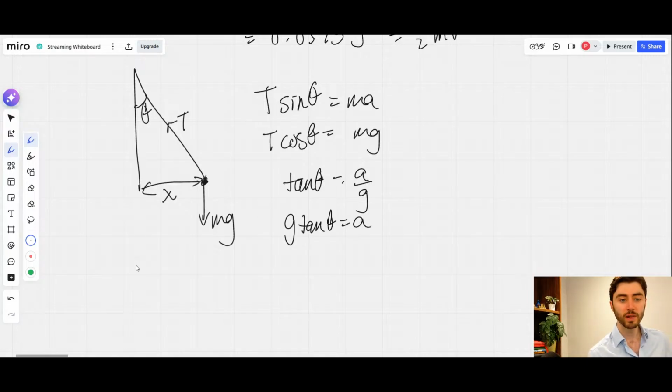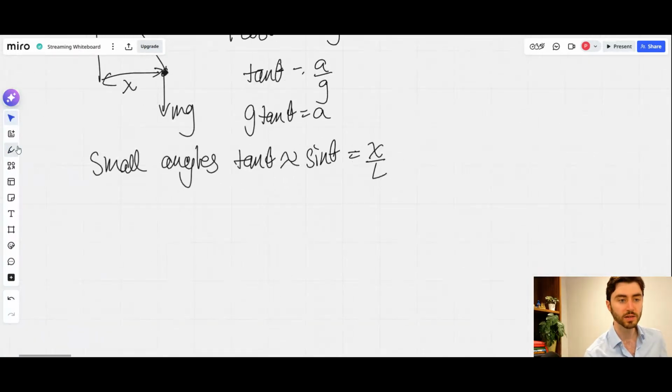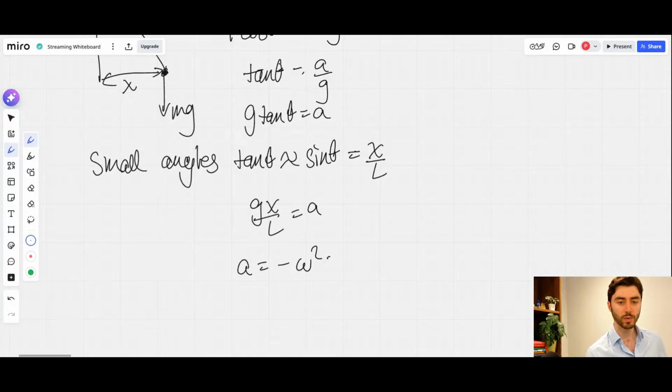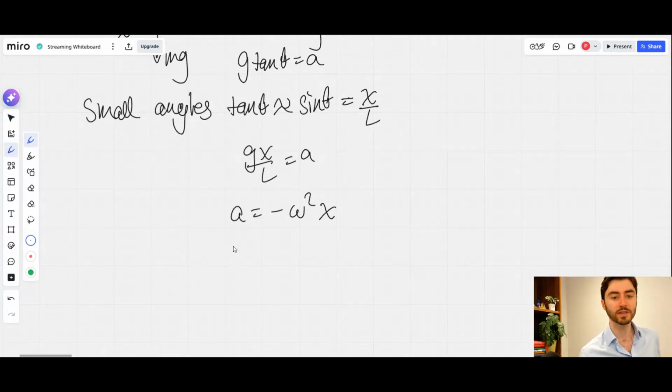We also know if small angles, then tan theta is approximately sine theta and therefore is equal to x over L. So therefore we have that gx over L is equal to A. But remember, A is equal to minus omega squared x. I just should have put the negatives in for direction. And then what that basically gives us is that omega squared is equal to g over L.